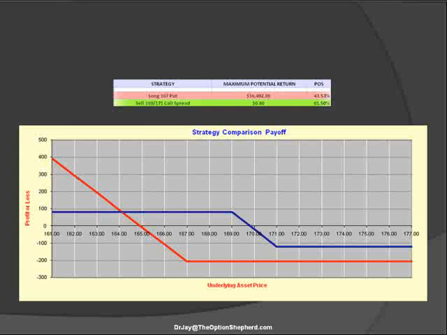It only requires SPY to remain below 169 for the next month to realize its maximum potential return. The profit-loss chart exhibits the same characteristics as the previous. However, the long put offers better protection against large losses.